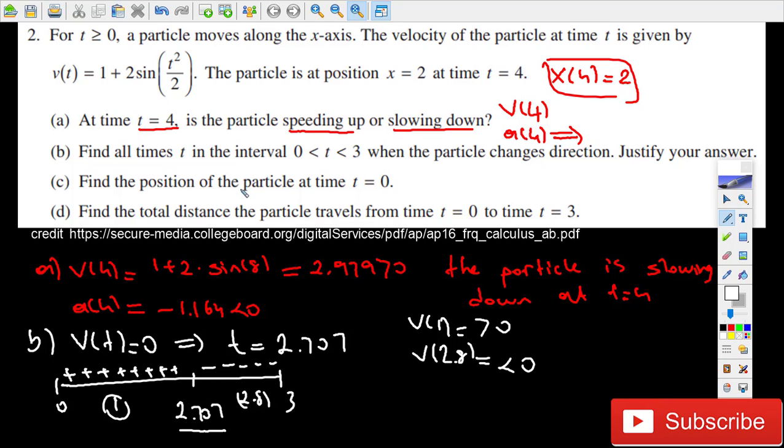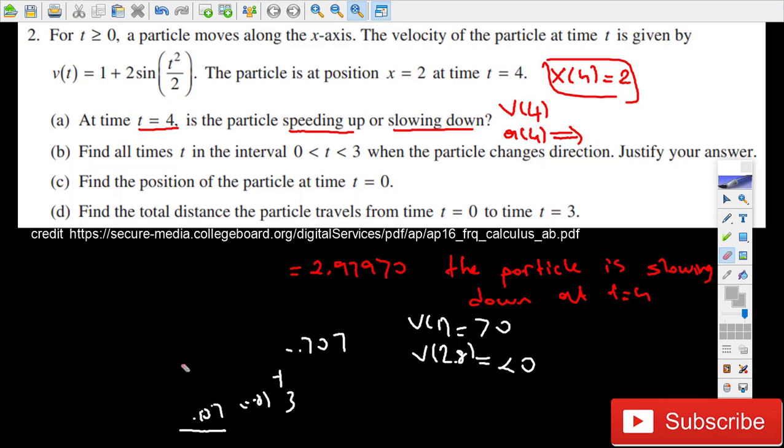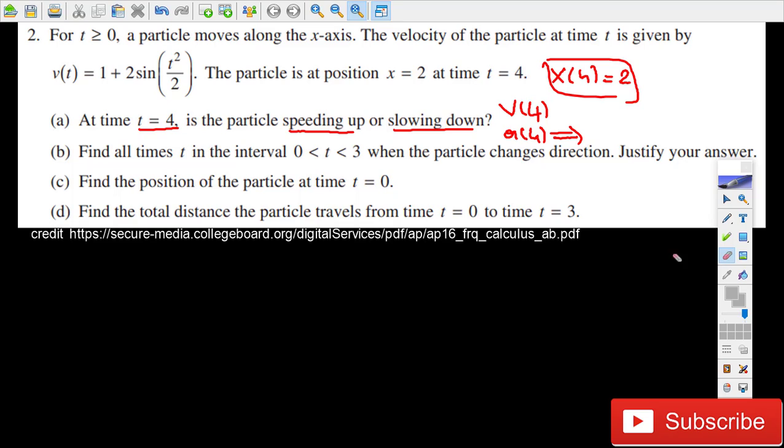Let's move on to part C. It says find the position of the particle at time t equals 0. We can get the position by taking the integral of the velocity function.